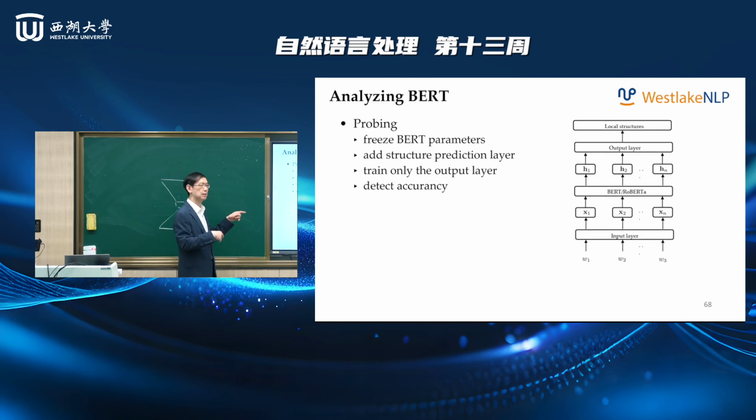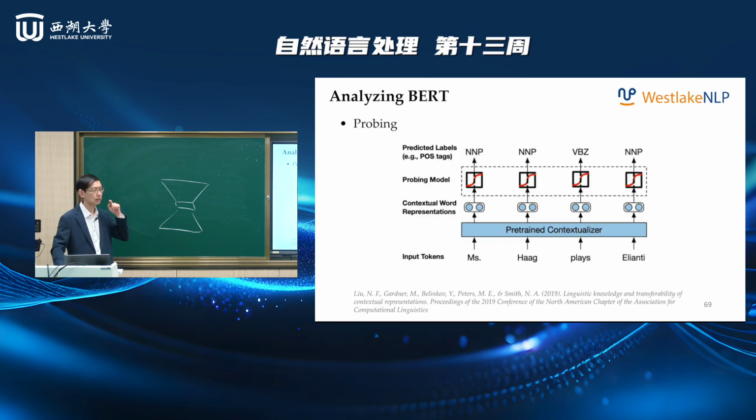Because I'm using the representation as input, I only tune the output layer. This is called probing. People have probed BERT for parts of speech. They find that if I only tune the sequence labeling output layer, the part of speech accuracy is high, so BERT contains part of speech information.